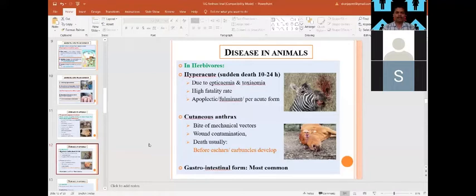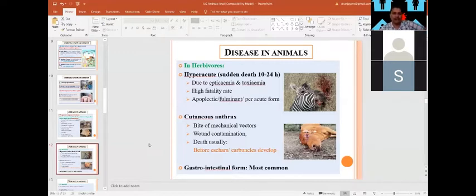In hyperacute conditions, there is sudden death of the animals within 10 to 24 hours, with a high case fatality rate. Anthrax may occur in apoplectic, fulminant, or peracute forms; simply put, peracute or hyperacute forms.